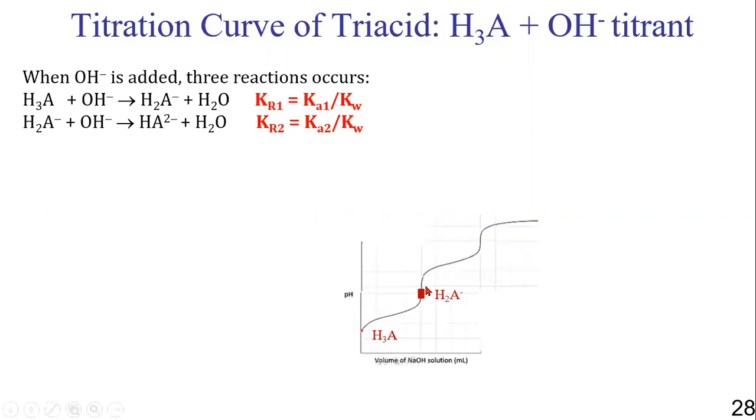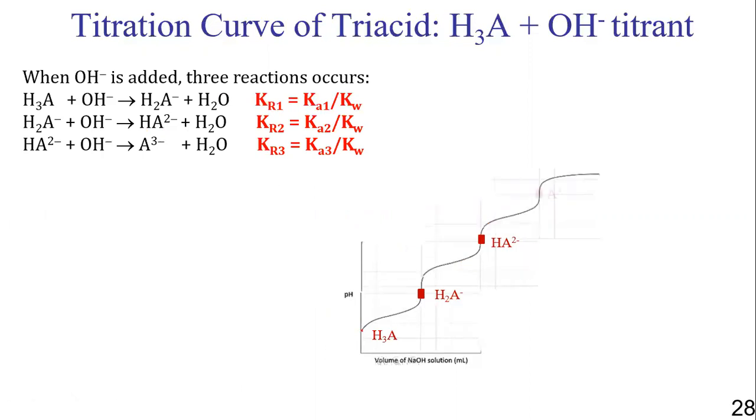Now I add the second curve, and with the second curve, the H2A minus gets converted to HA2 minus. Up until here, it looks like a normal diacid, and we have a third jump where the HA2 minus becomes A3 minus.